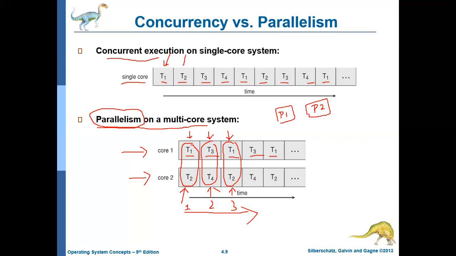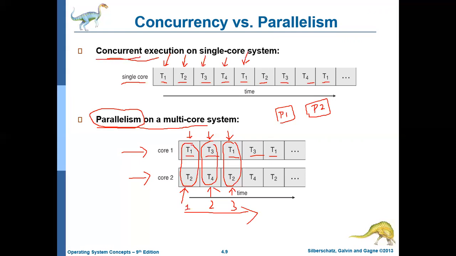Then it switches to thread 2 and executes it for some time. Then it switches to thread 3, executes it for some more time, and then switches to thread 4. And again it comes back to thread 1. So it gives a slice of time to each thread, and once that time slice is over, the processor will switch to the next thread, and this continues. This type of execution is called concurrent execution.